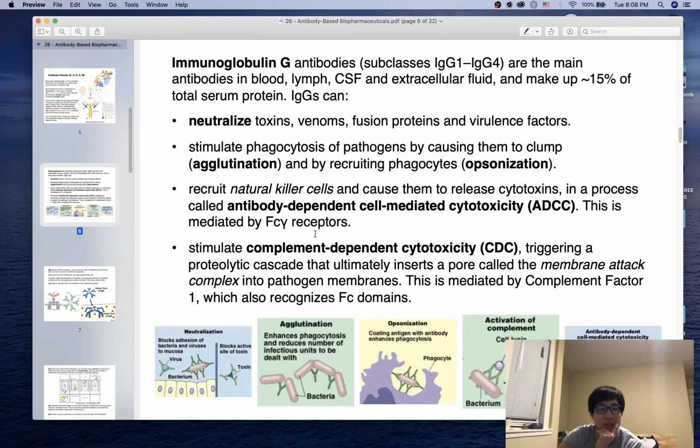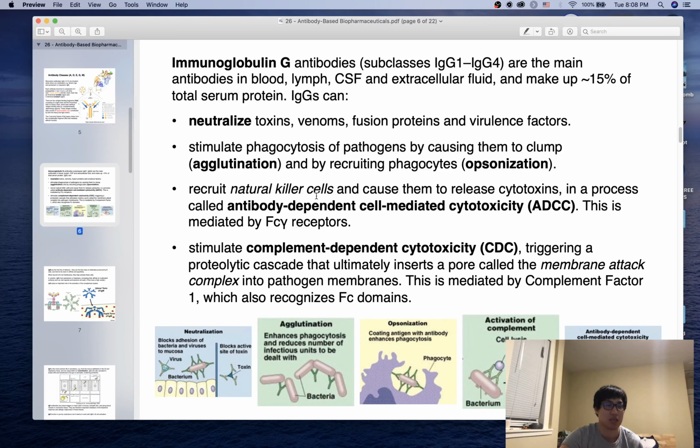I forgot, but you will just say that it's a receptor that recognizes the Fc domain, or a specific kind of Fc domain. So these receptors are on the killer cells.